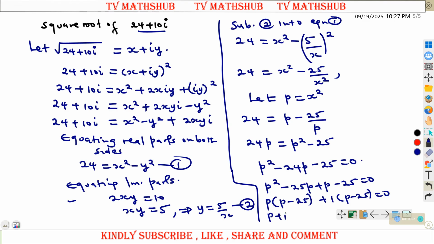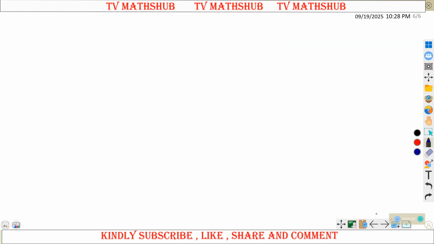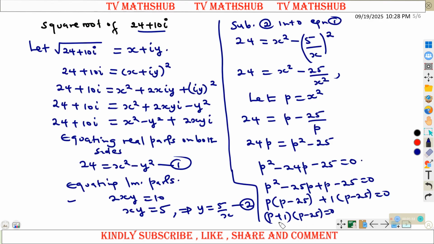It implies p plus 1 into p minus 25 will be equal to 0. So from here, we can obtain the value for p. Either p will be equal to negative 1 or p will be equal to 25.